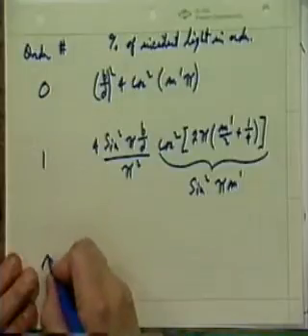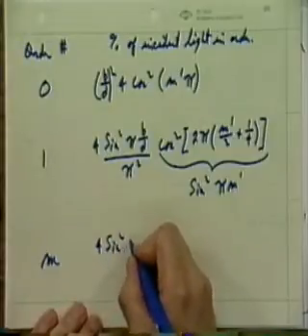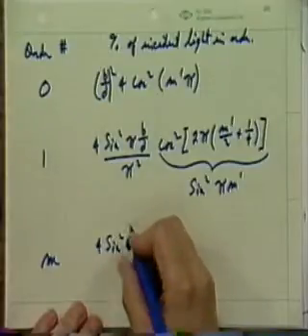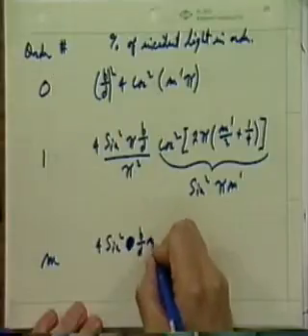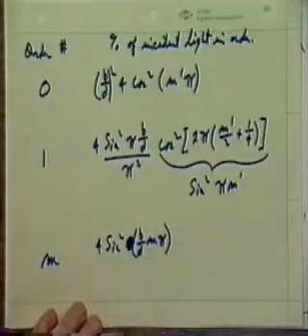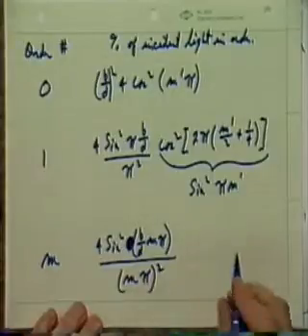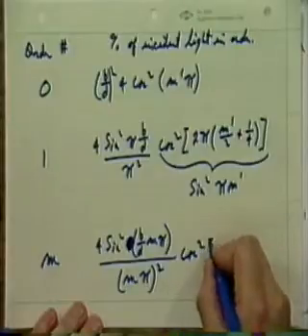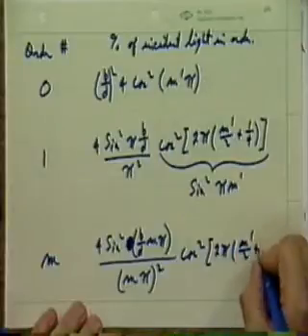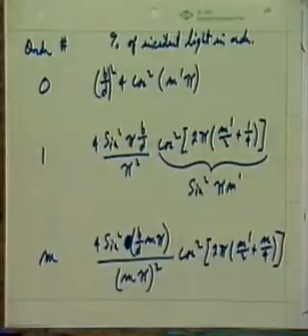For order number m, this becomes 4 sine squared of b over d times m pi, divided by (m pi) squared, and we get cosine squared of 2 pi m prime over 2 plus m over 4. Okay. Everyone agree with that?